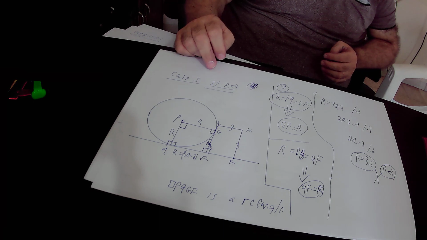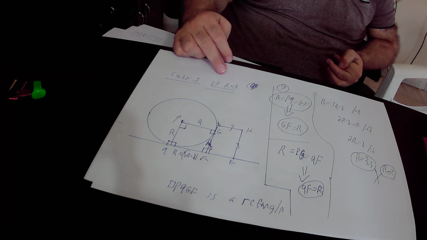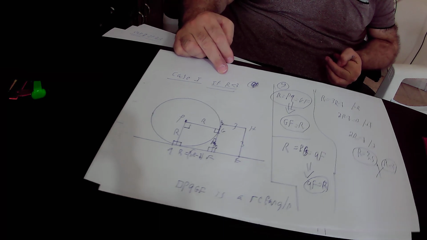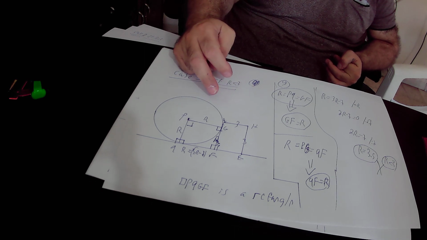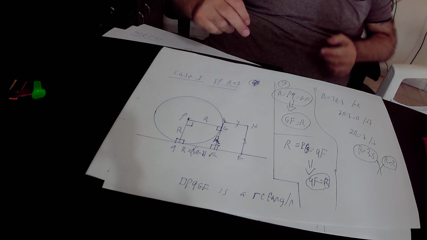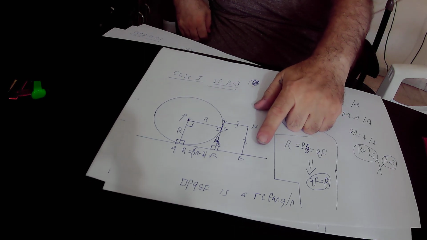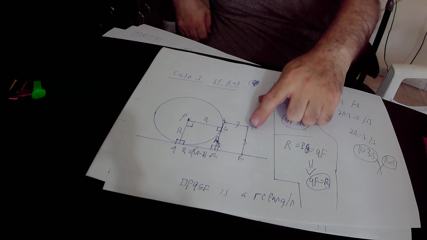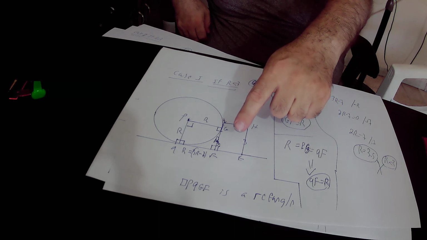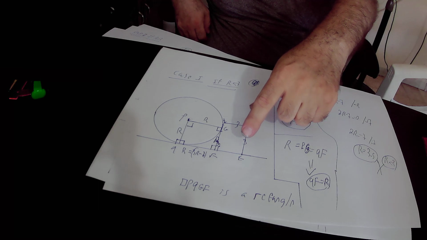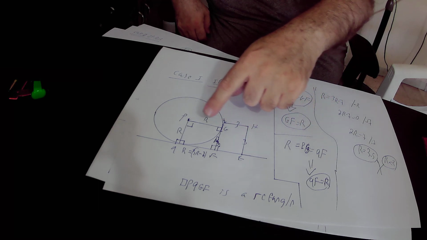In the first case, if R is less than 3 units, we'll get this drawing. In this drawing, the side length of the square is 3 and the radius is less than 3 units, so the side length is longer than the radius.